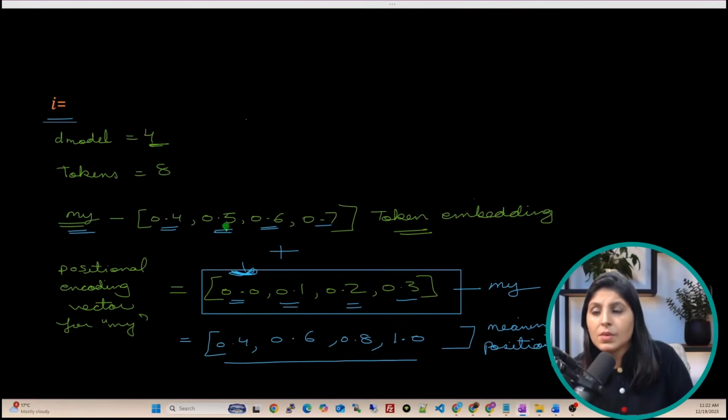So I simply means the index of the numbers inside the positional encoding vector. So this 0.0 is at the 0th index, this 0.1 is at index number 1, this 0.2 is at index number 2, this 0.3 is at index number 3. So I simply means the index of values inside the positional encoding vector. Now you know what I is.